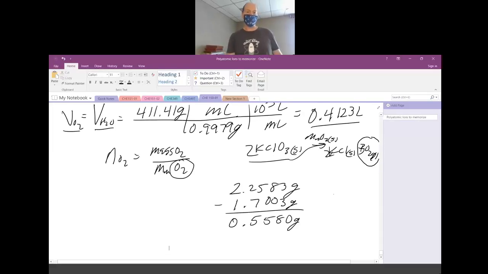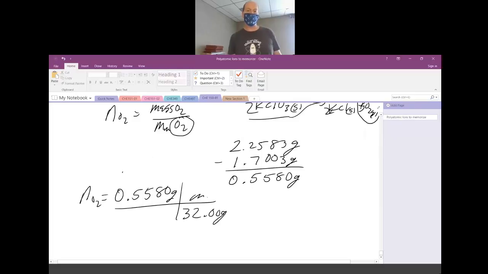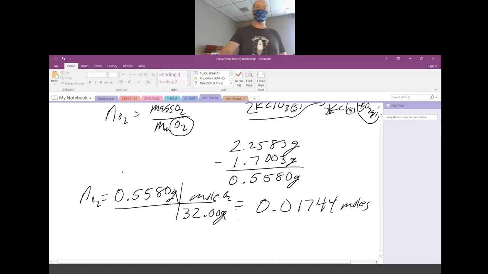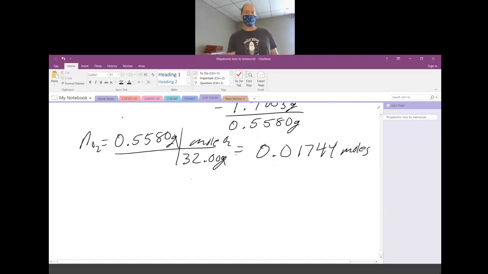And so to get your moles of oxygen, you take the mass, 0.5580 grams, and divide by the molar mass, 32.00 grams per mole of oxygen. And so your moles of oxygen are 0.01744 moles.